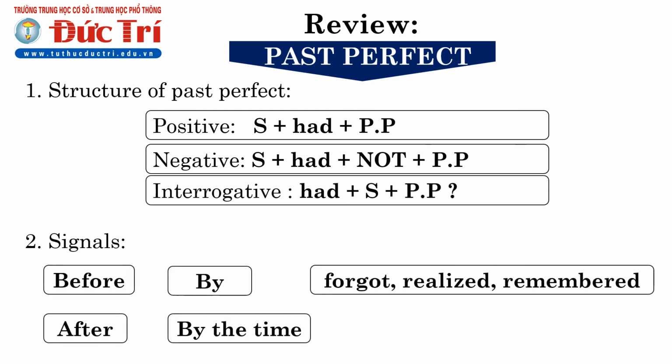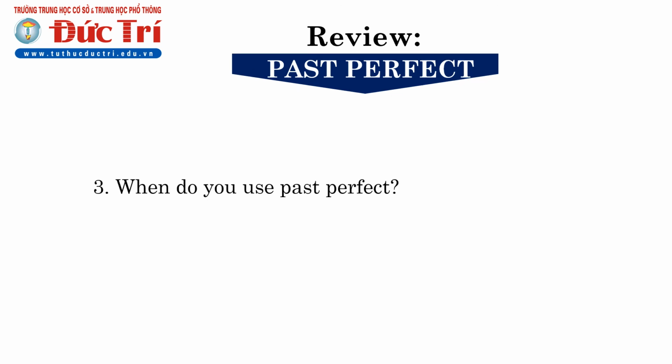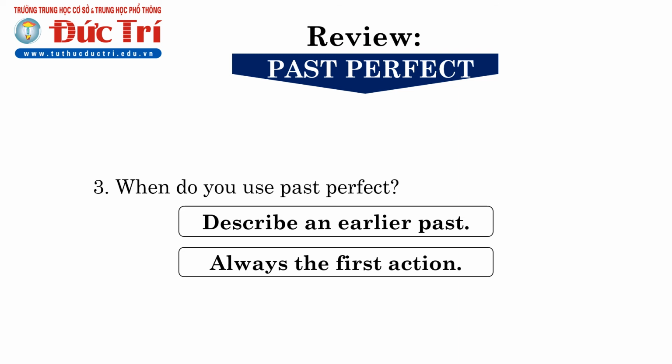The signals: before, after, by the time, forgot, realized, and remembered. When do we use the past perfect? To describe an earlier past, and the past perfect is always the first action.